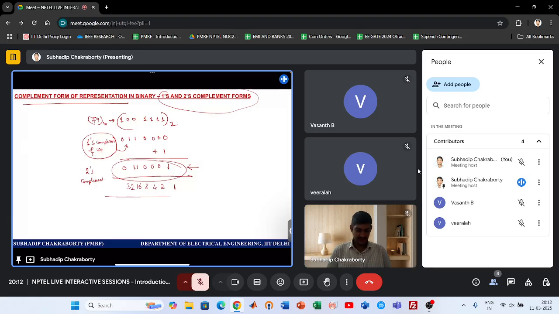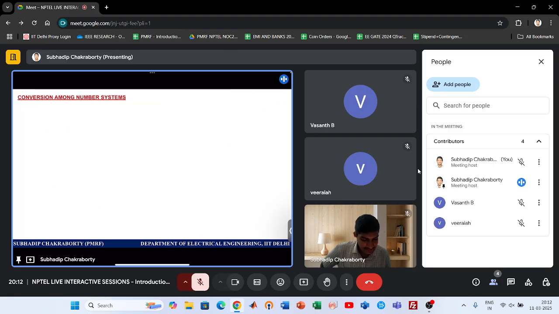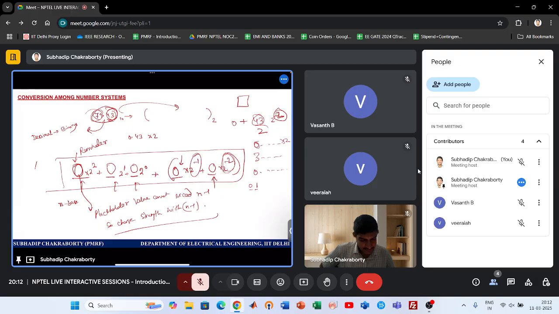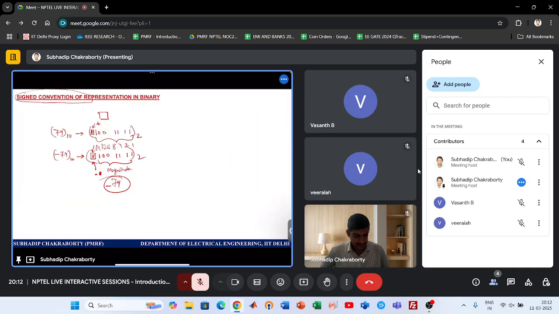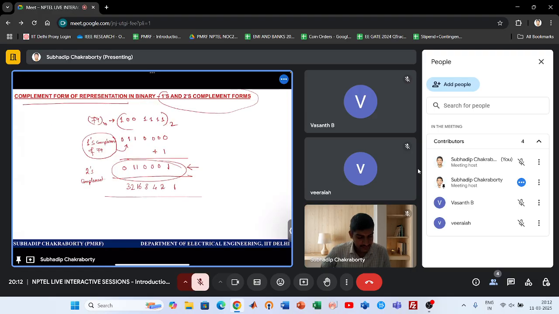Let me just see what its decimal equivalent is. So I wrote the number correctly, right? So 79, let me see. 100, then 4 times 1. So if I do the ones complement, then I'm getting this.